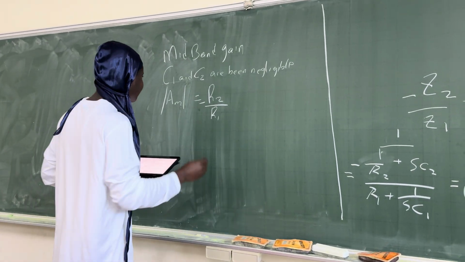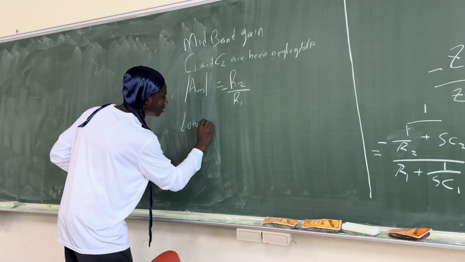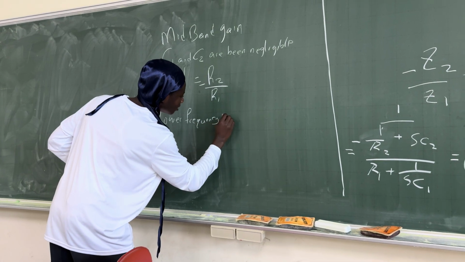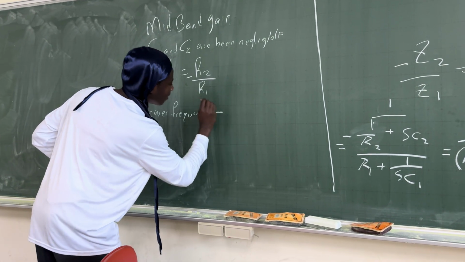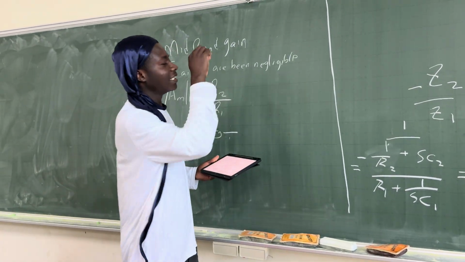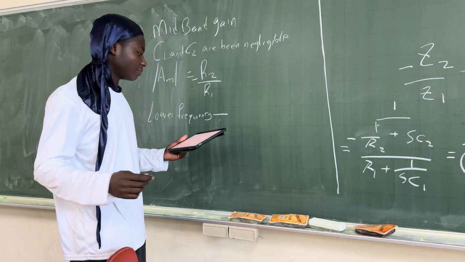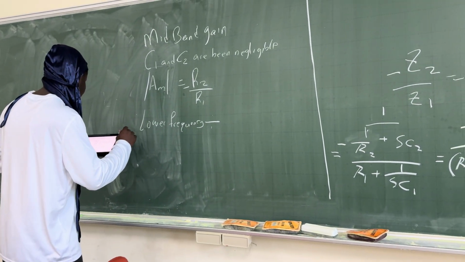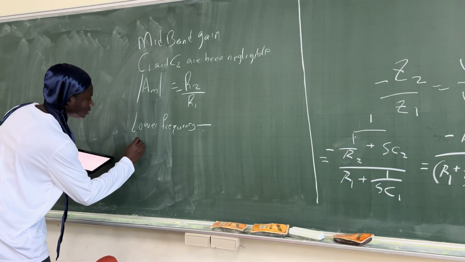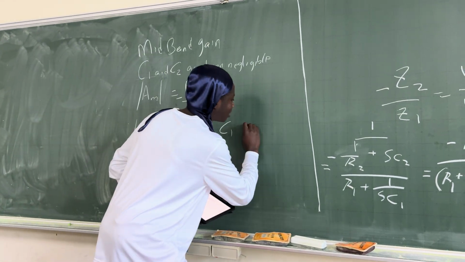Now, the second thing is the lower frequency. Based on the question given to us, the lower frequency is being gotten from C1, capacitor 1, based on the diagram because it goes like this.